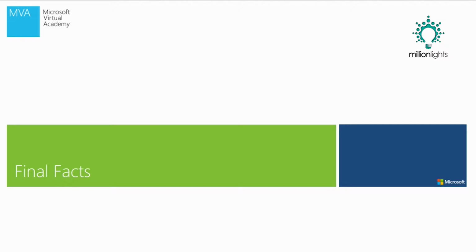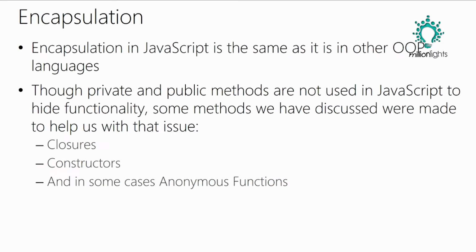Just some final facts and final things I would really like to touch on, so you can walk away from this module with a little extra something. So there is encapsulation, and it's pretty much the same as it is with other object-oriented programming languages. The difference is, though, there are no public and private methods as there are with other languages.